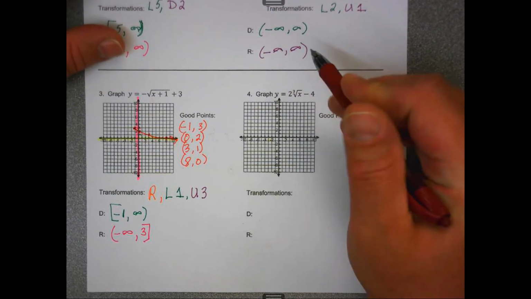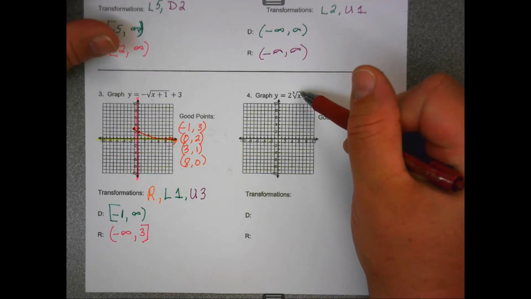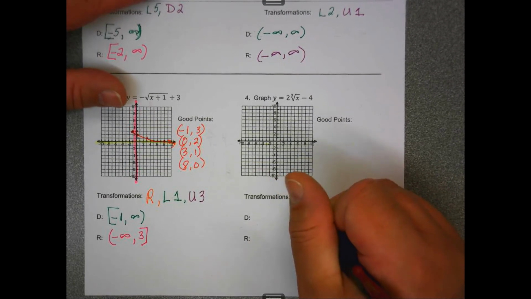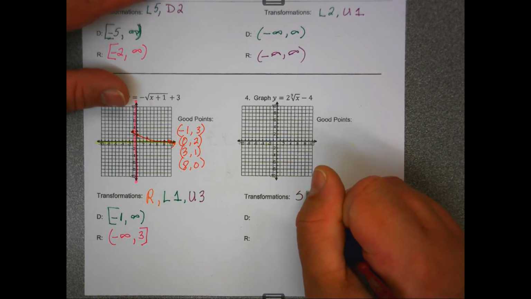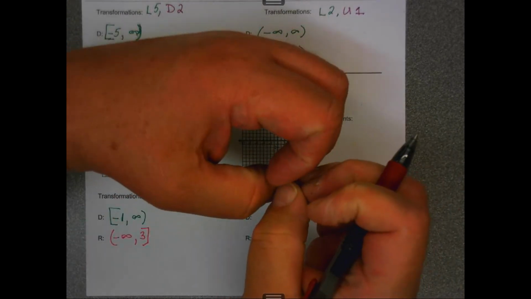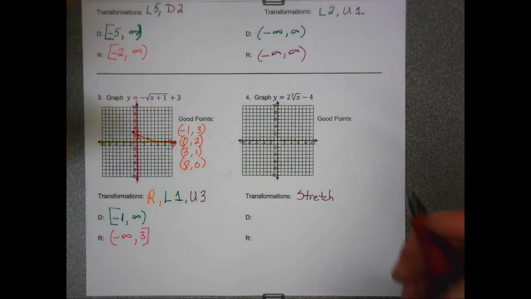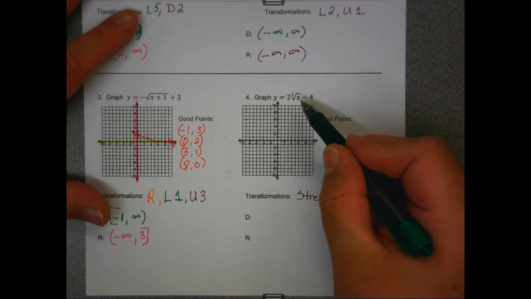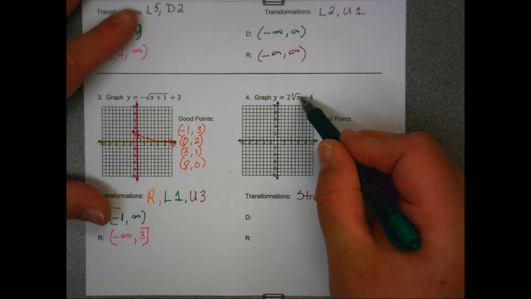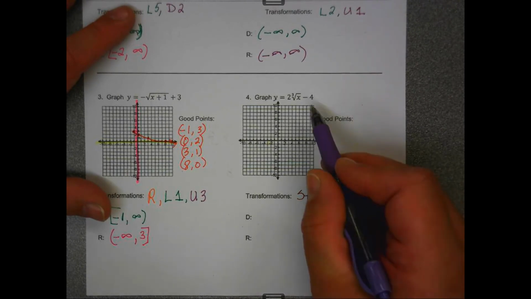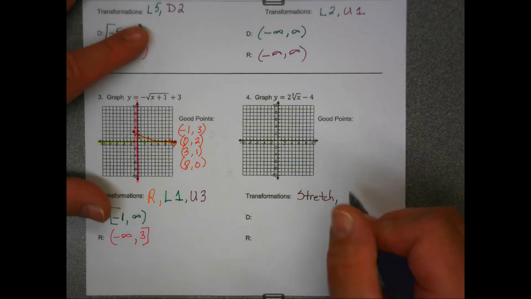And in this case, whole numbers for the radical symbol stretch. So it's going to stretch, make it longer. Inside the radical symbol, I don't have any transformation, so it's not going to move left or right, but it is going to go down 4.